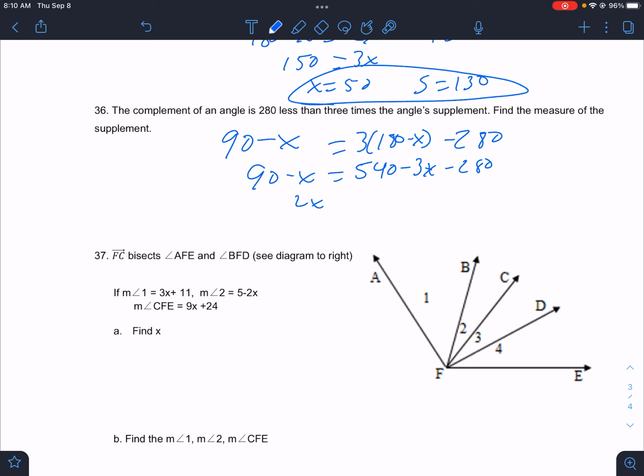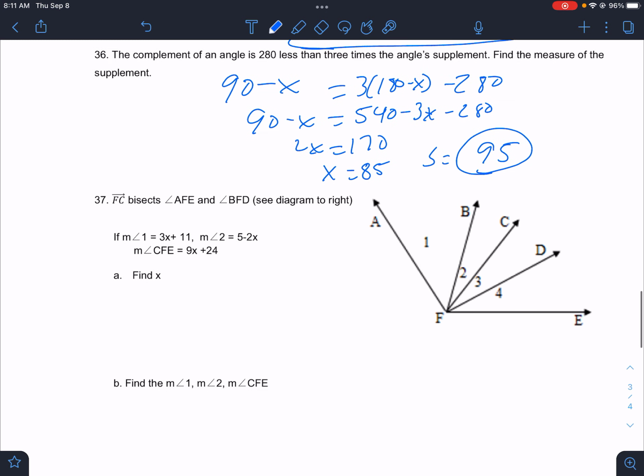So that would be 2x. 540 minus 280 minus 90 would be 170. So what does x equal? x equals 85. So the measure of the supplement would be 95.